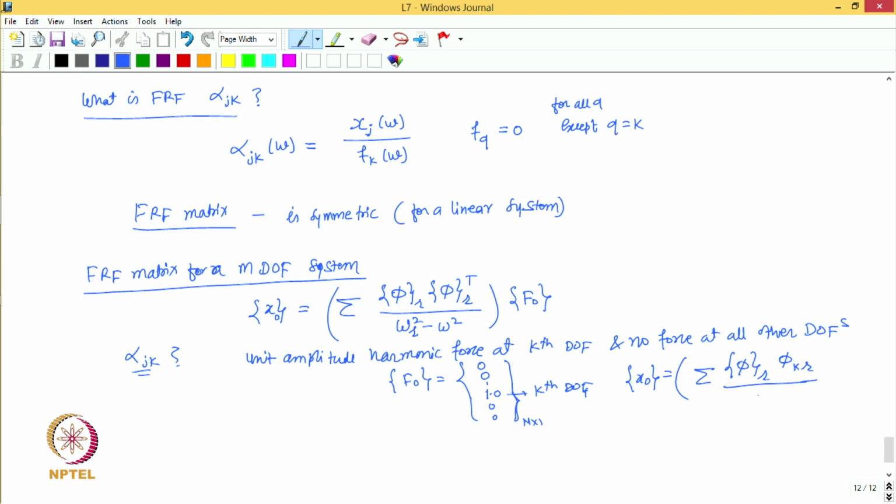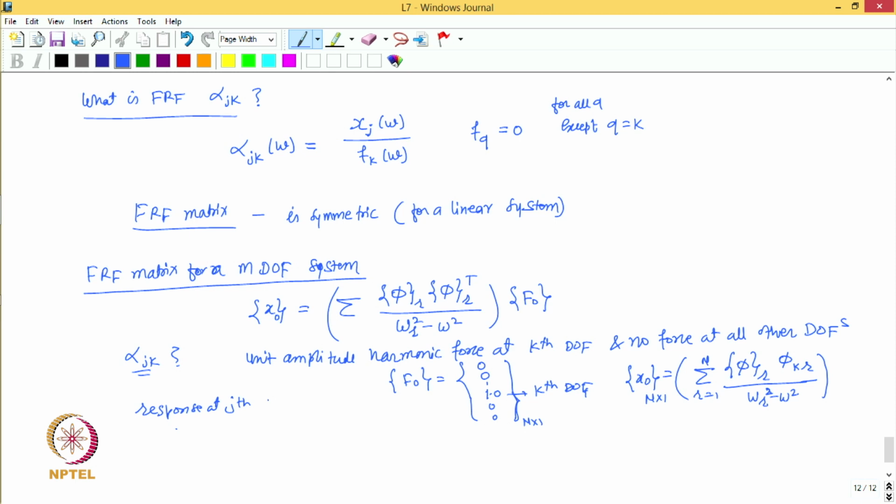So we will simply have phi k r divided by omega r square minus omega square, with r varying from 1 to n. So this gives us the response at all the n DOFs, but our interest lies in knowing the steady state response amplitude at only the jth DOF. So we need to just pick the jth element of this vector x naught in order to find the FRF, right.